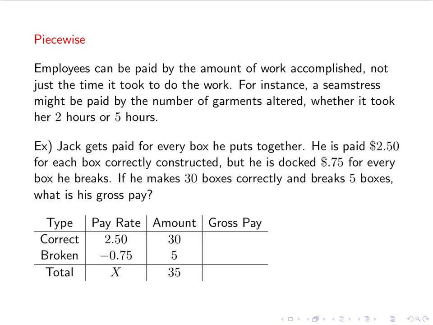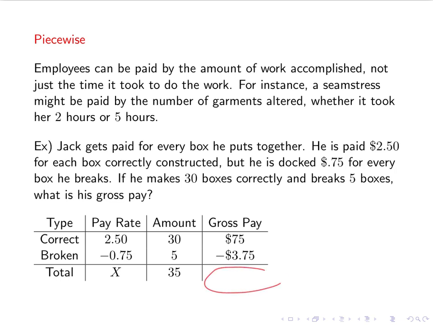If he gets paid per amount, then we just need to multiply the pay rate times the amount. So this gross pay is going to be multiplying these numbers together. $2.50 times 30 gives us $75. Negative 75 cents times 5 gives us $3.75.